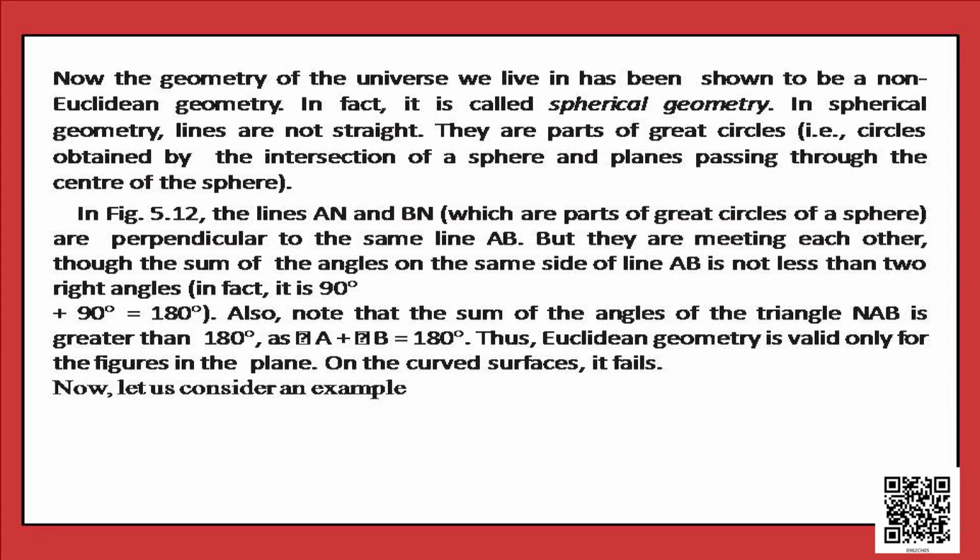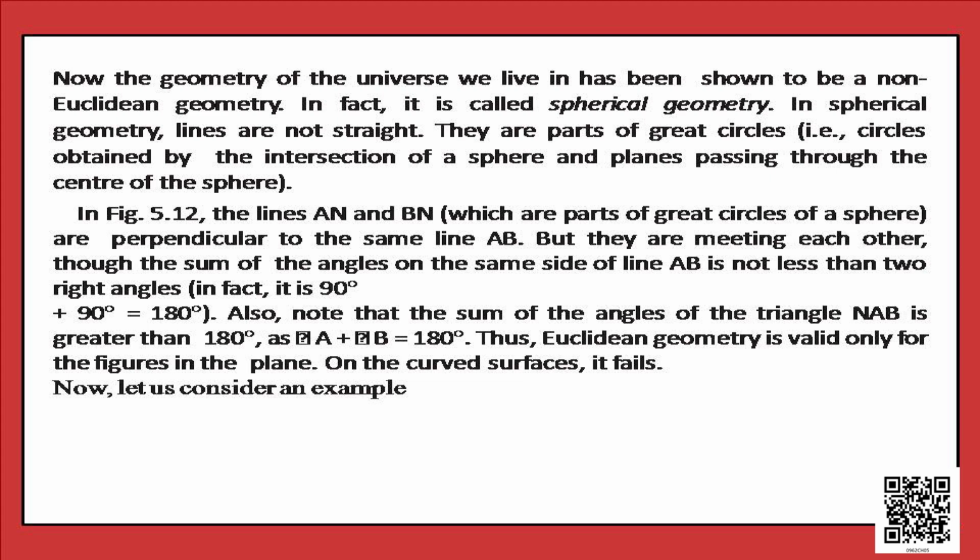Now the geometry of the universe we live in has been shown to be non-Euclidean. In fact, it is called spherical geometry. In spherical geometry, lines are not straight. They are parts of great circles, circles obtained by the intersection of a sphere and planes passing through the center of the sphere.